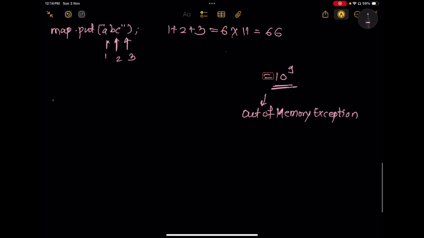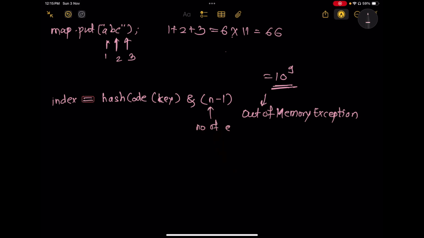Now, the index is calculated using this formula: the value that we have gotten, the hash code of p, and we use the bitwise AND operator and mask it with n minus 1. When I say n minus 1, n is the number of elements or buckets in the hash map.